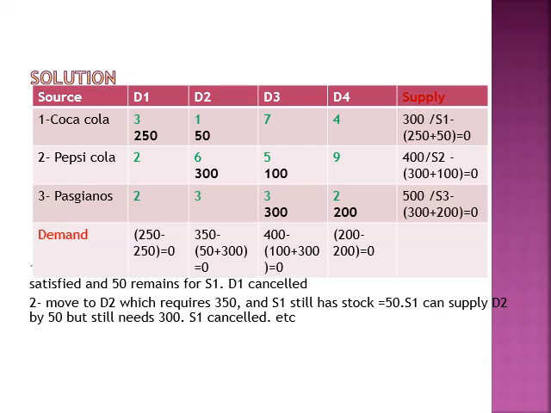The 200 in the stock of Bizianos is required by D4. D4 requires 200, then it is 0. All sources have 0 stock. All market centers now have 0 demand. Then the problem is solved.